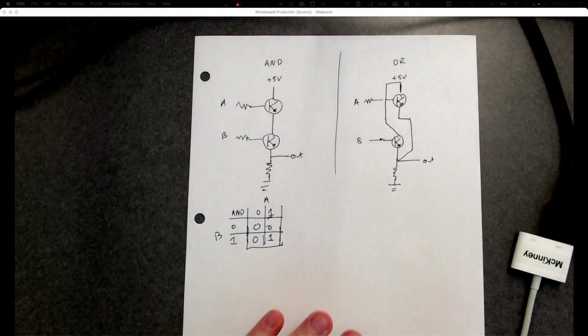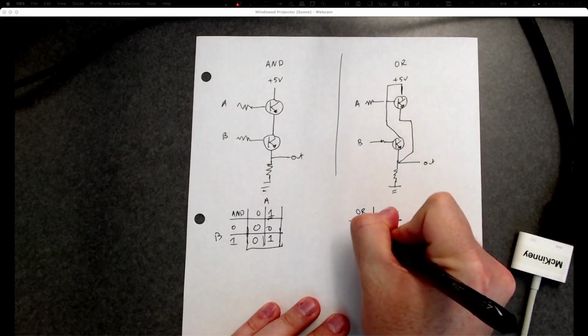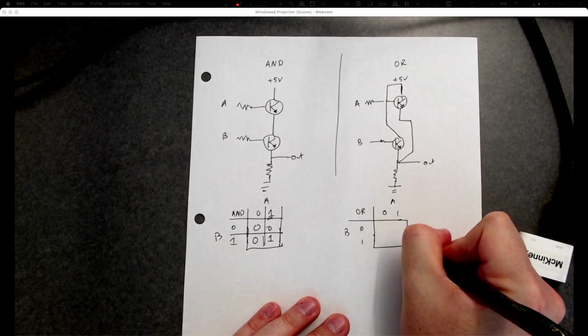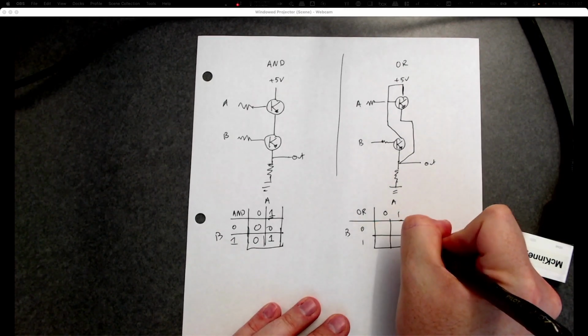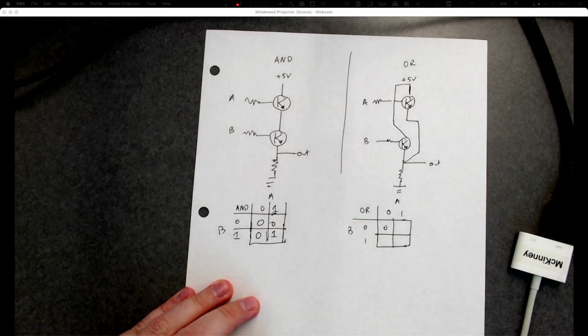Let's do the same thing for the OR gate. The same 4 combinations are possible, but what about this time? Where should the ones and the zeros go? 0 if they're both off, and otherwise all 1.